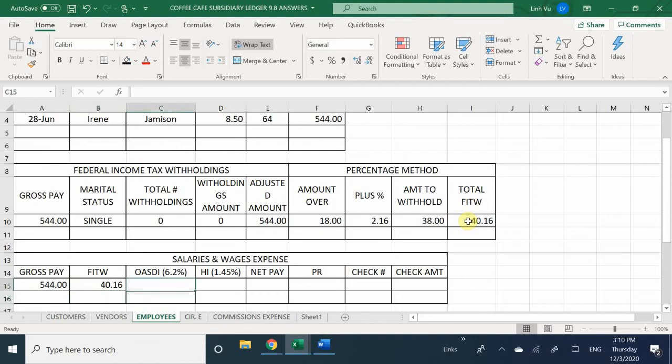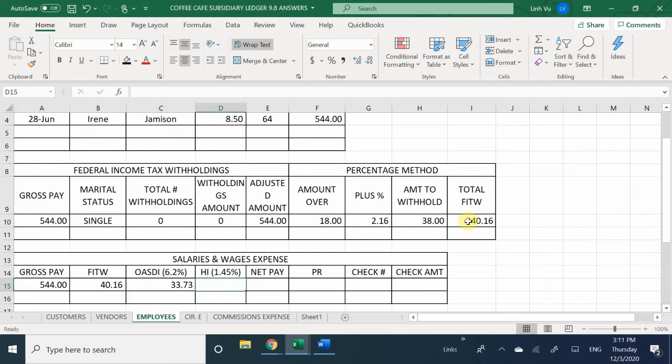OASDI is your Social Security, which is taxed at 6.2%. These are taxed on the total gross amount she's made. So how much is 6.2% of her total earnings? $33.73. That's how much is going to be taken out of her paycheck.